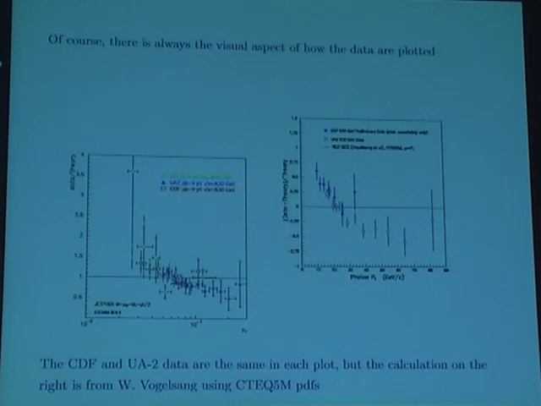But it's often in the way you plot things. Here's a selection of the same data plotted without the systematic errors, and here plotted with them. And you'd say, gee, within the errors there's no significant slope. Here you'd say, looks like it's a bit of a problem. So you have to ask yourself, should you be adding the systematic and statistical errors in quadrature? Well, not really.